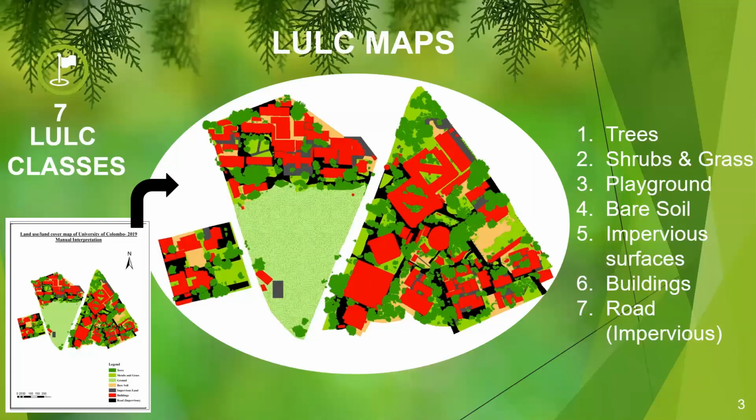So the land use and land cover maps were generated using satellite images and aerial photographs. And there we tried to identify different land use classes within the premises.